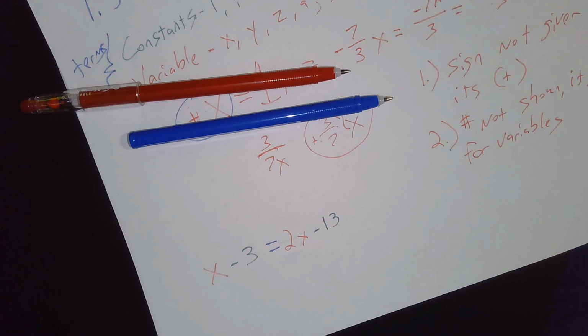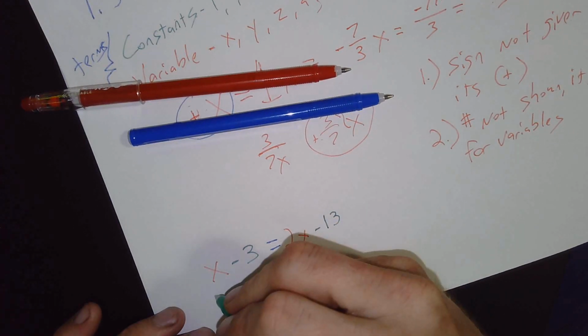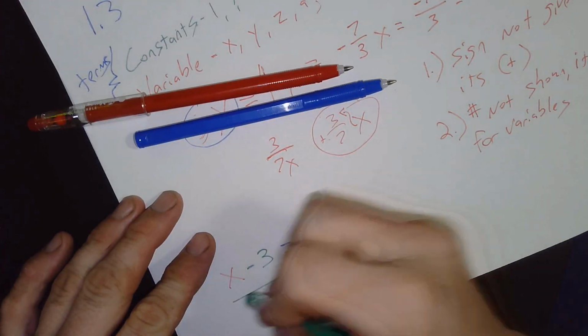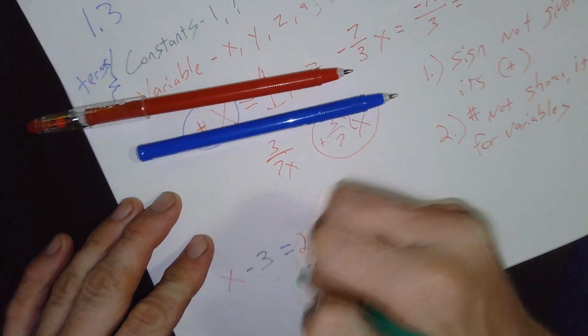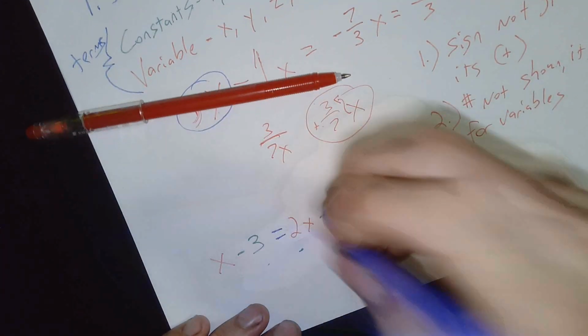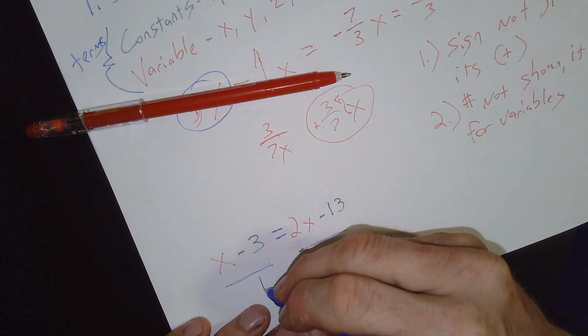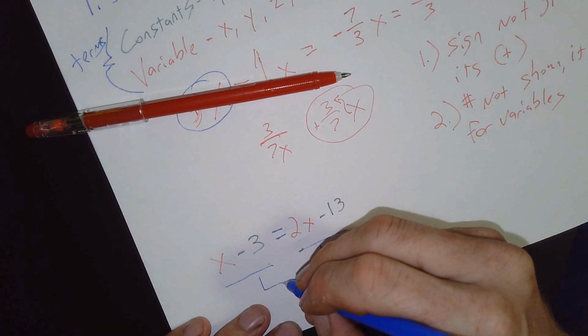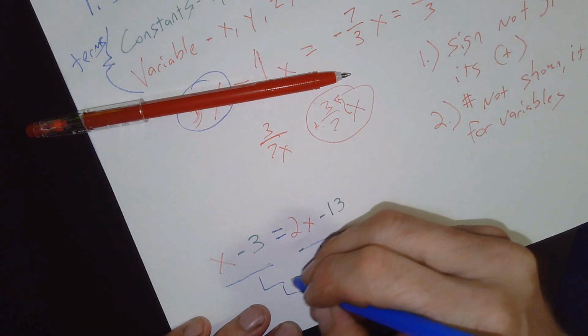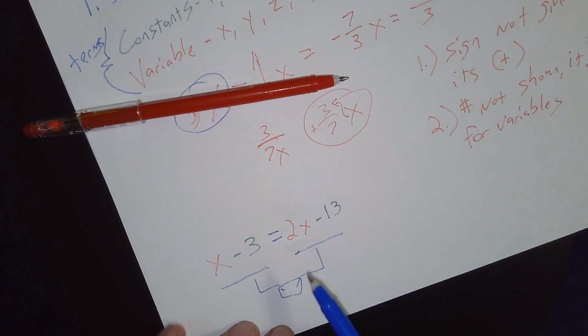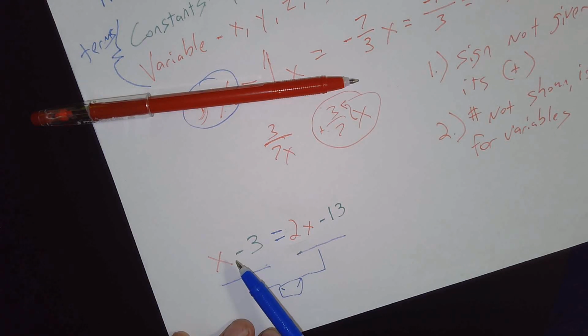So what do we do from here? Well, we have to balance the equation. This is like a scale. If I do something to this side of the equation, I have to do it to the other side.